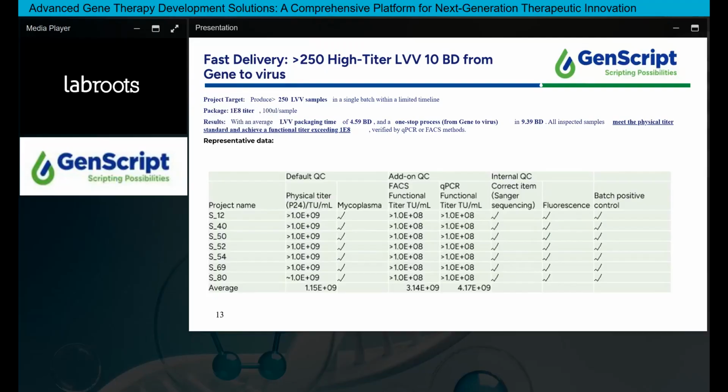We finished within 10 business days. The gene synthesis took about 4.8 business days, and lentivirus packaging 4.5 business days. All the samples passed the QC check, verified by qPCR and other analysis, meeting the physical titer requirement and achieving a functional titer exceeding 10 to the power of 8.